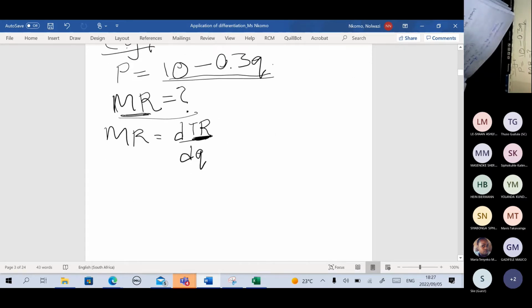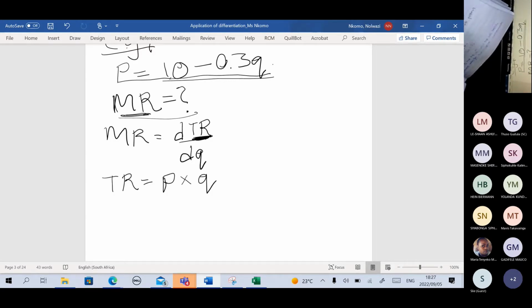So the total revenue is equal to the demand function times the number of units demanded.